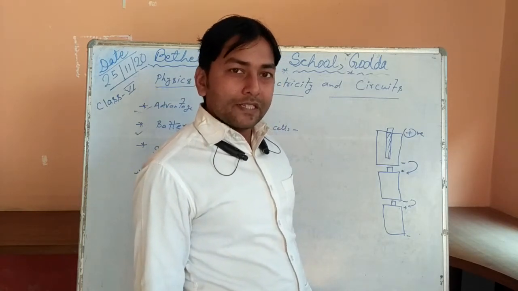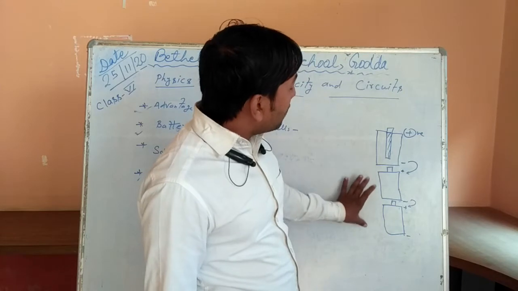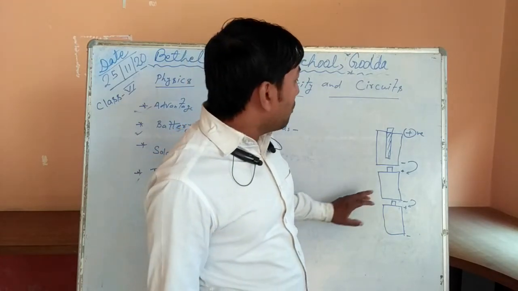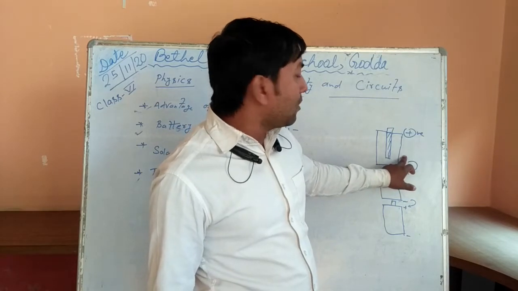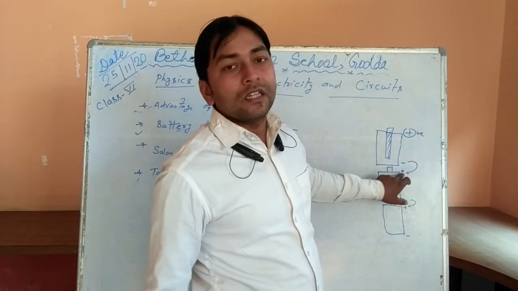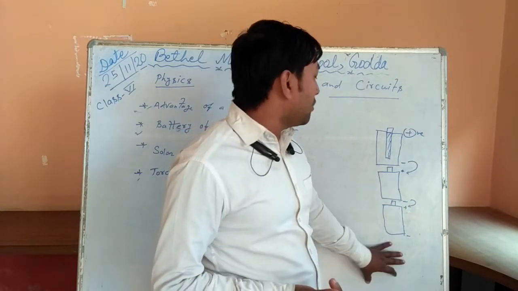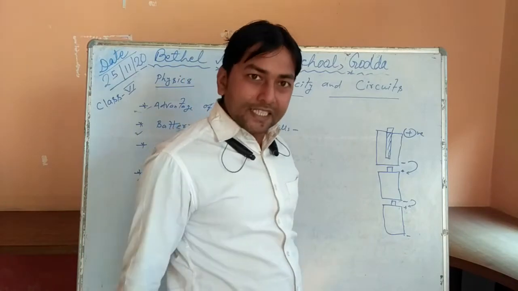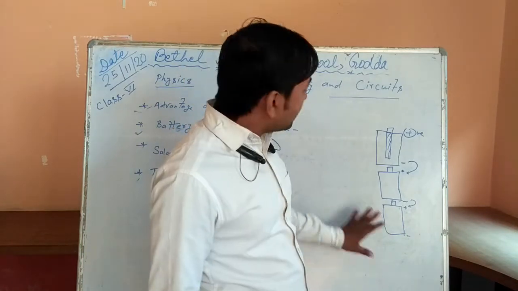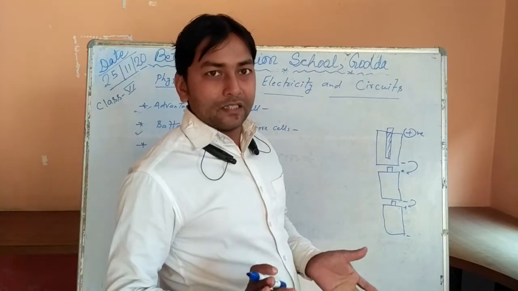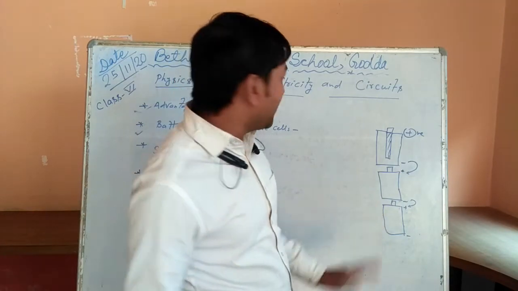Once again, when two or more than two dry cells are connected in such a way, when the negative terminal of one cell is connected with the positive terminal of the other cell, and so on, it is called a battery of cells. This is the manner to connect two or more dry cells. Did you get it? I hope you got it.